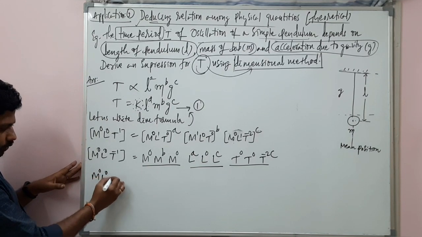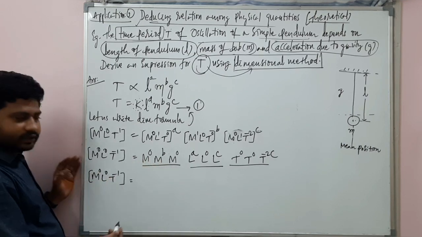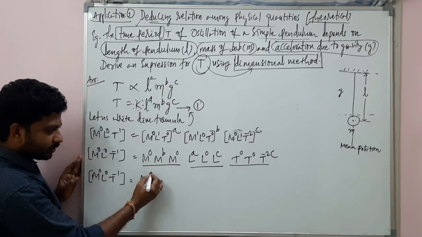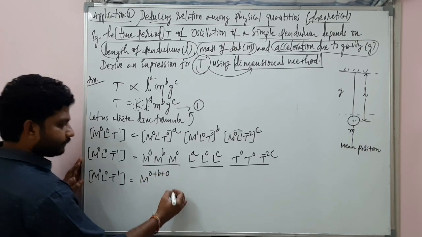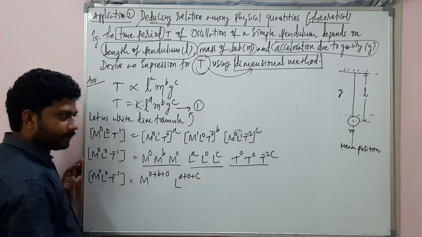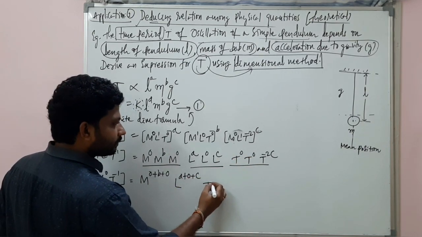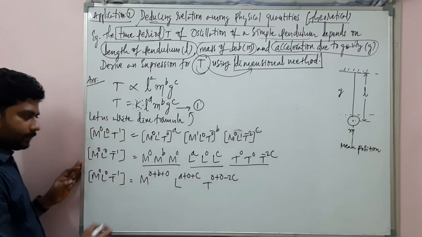M0 L0 T minus 1 is equal to M to the power 0 plus 0 plus 0, L to the power A plus 0 plus C, and T to the power 0 plus 0 minus 2C.